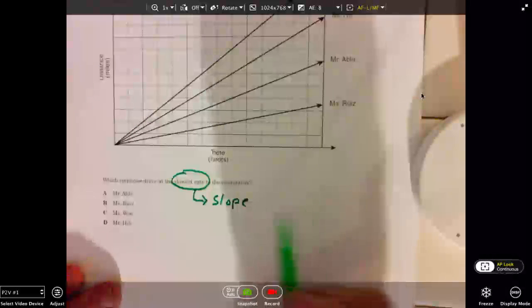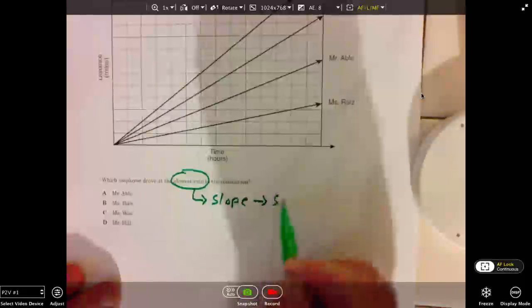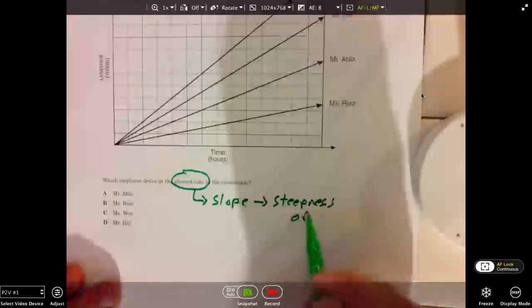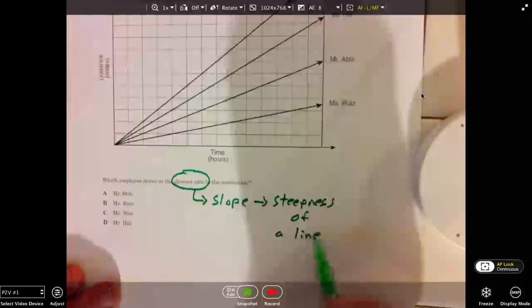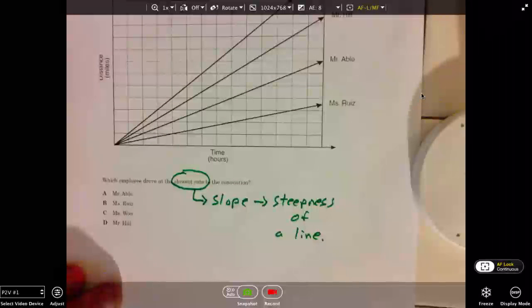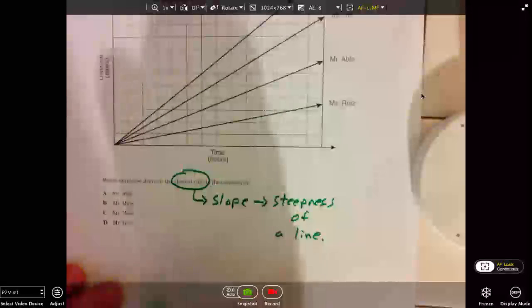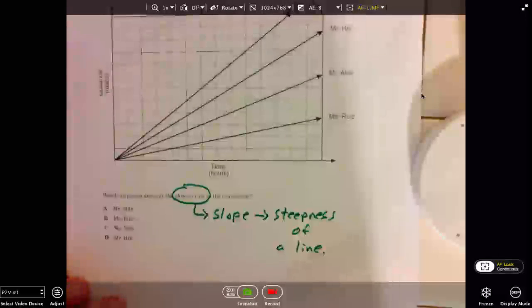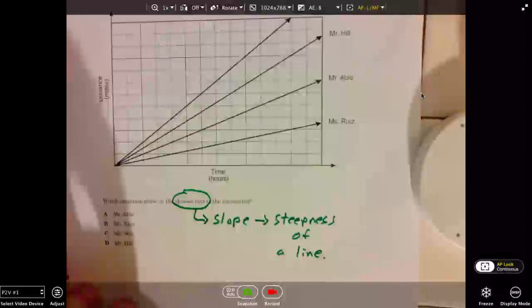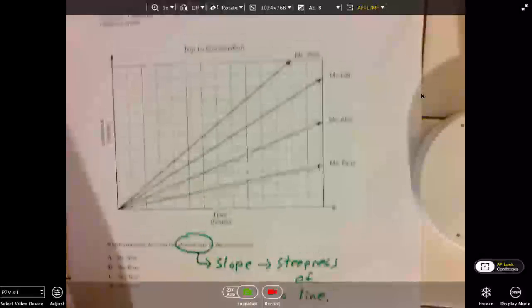And one context we have for slope is steepness of a line. So in this case, to determine who has the greatest rate, you would look for which line is the steepest. That is problem number 9.